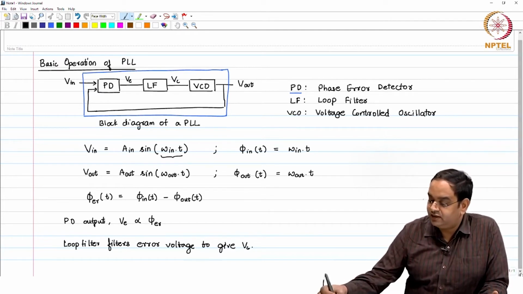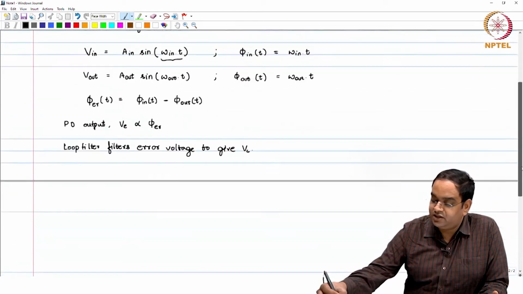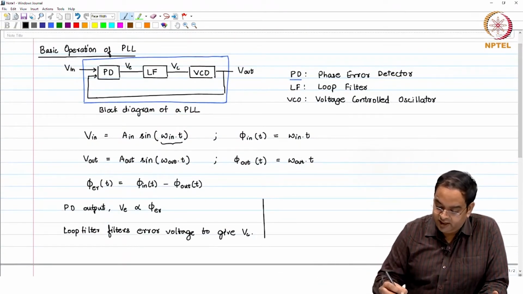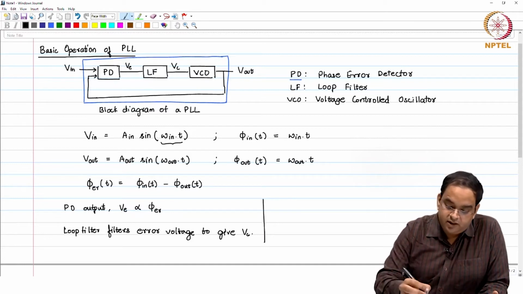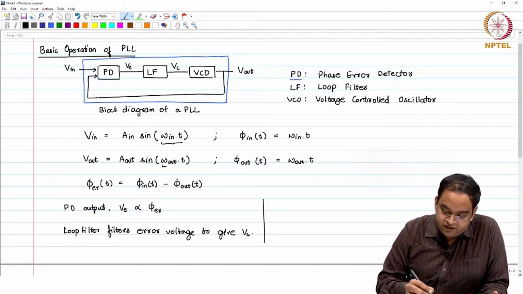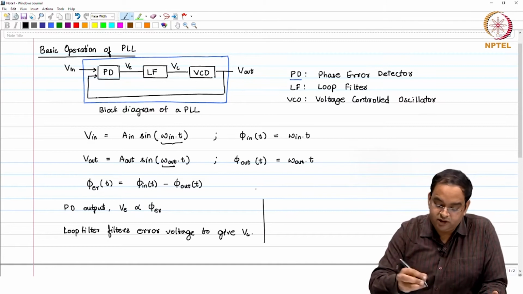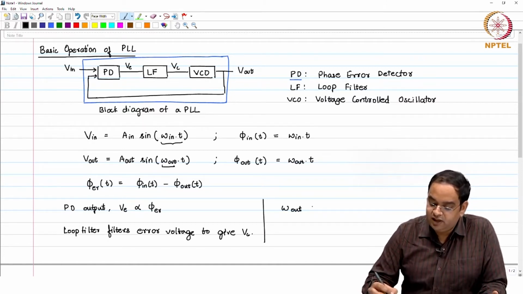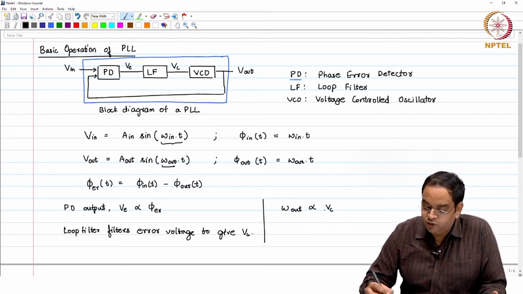What does the voltage controlled oscillator do? The output frequency omega out of the voltage controlled oscillator is proportional to the control voltage.